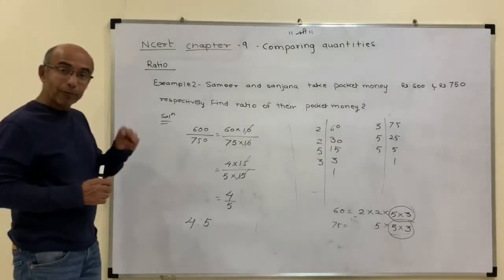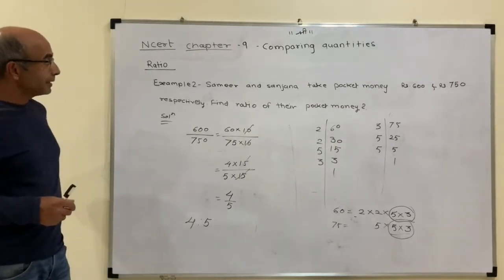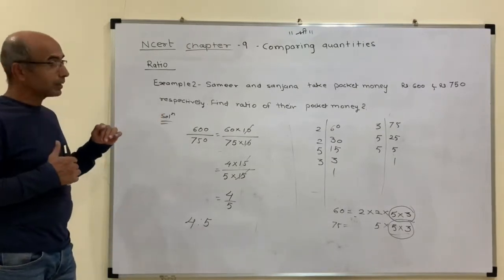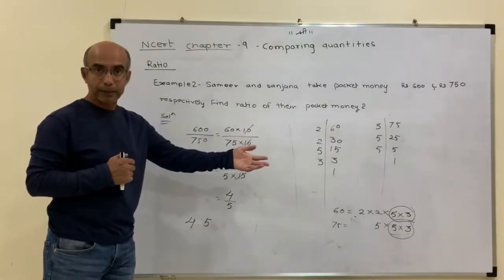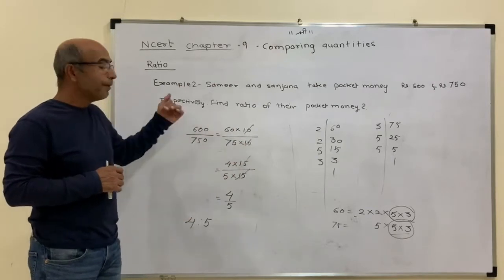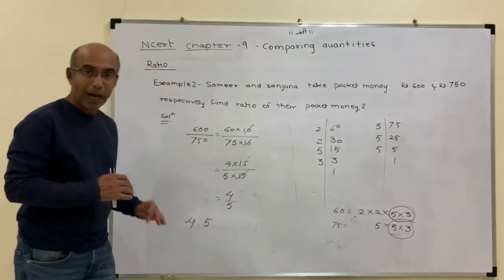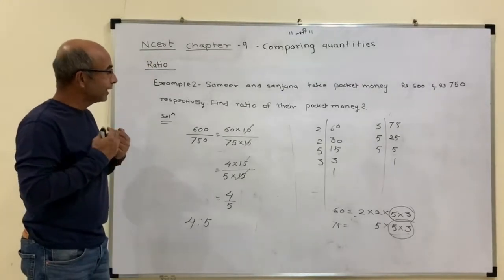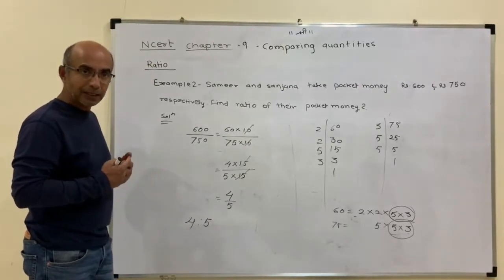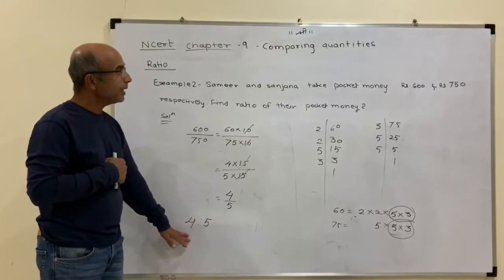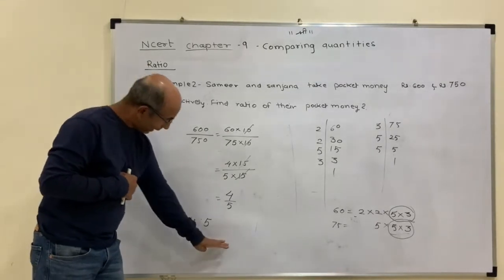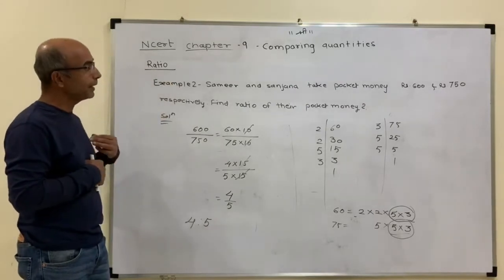So what does that mean? For every 4 rupees that Samir gets, Sanjana is getting 5 rupees. Say, for example, I am going a little ahead now. If I want to increase Samir's pocket money by 4 rupees, to maintain the same ratio, how much will I increase Sanjana's pocket money?